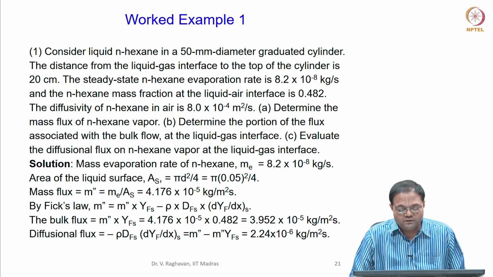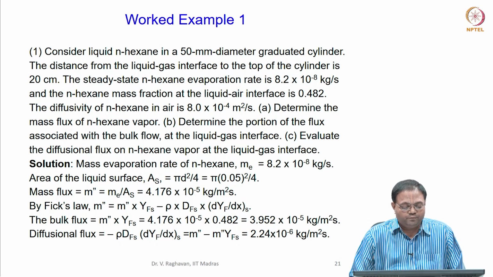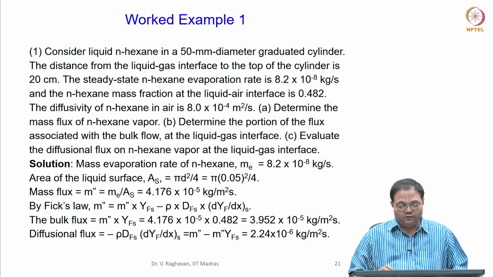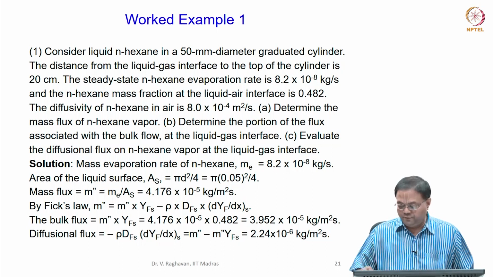What is asked is: determine the mass flux of N-hexane vapor, then determine the portion of the flux associated with the bulk flow at the liquid gas interface, then evaluate the diffusional flux of N-hexane vapor at the liquid gas interface. These are the three things which you need to find.